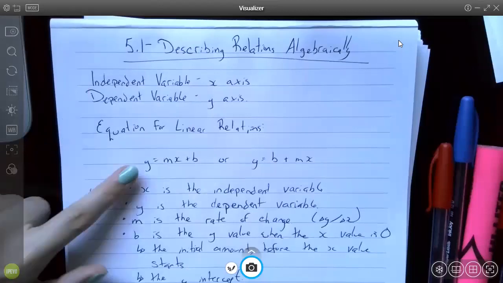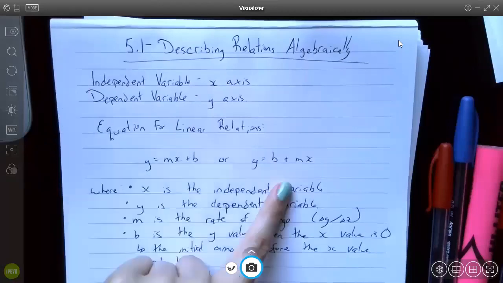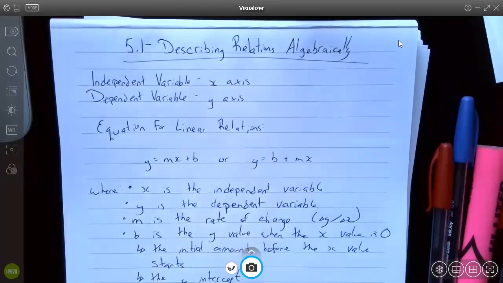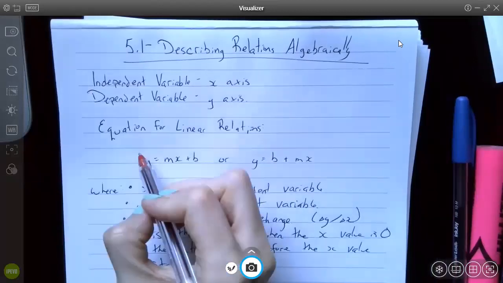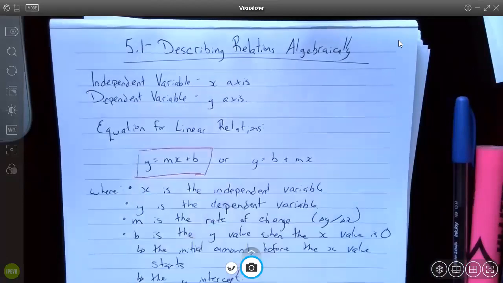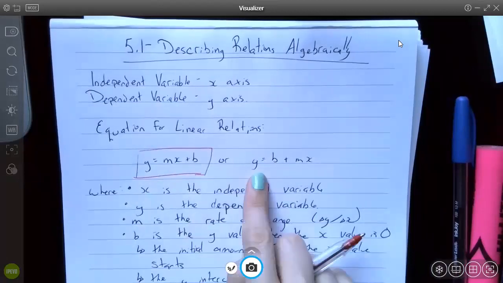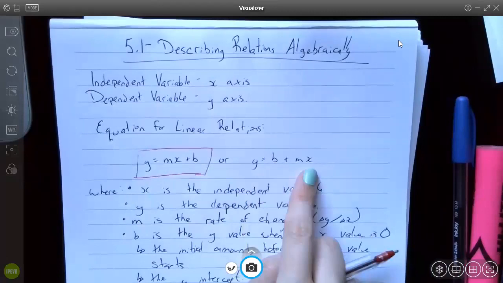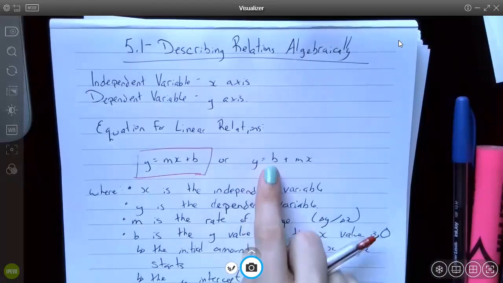These are the two equations that we use for linear relations. It's called the slope-intercept equation. This is the most common version of the equation, y equals mx plus b, though you will also sometimes see it where the mx and the b have swapped places.